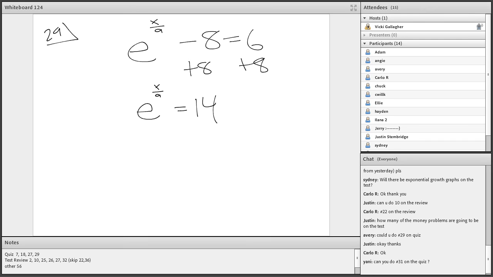Just like the other ones we've done tonight where we have a letter e, we're going to write an ln. And if it helps you, put the little e underneath it. That's where this e went. This e became that little invisible e underneath the ln.